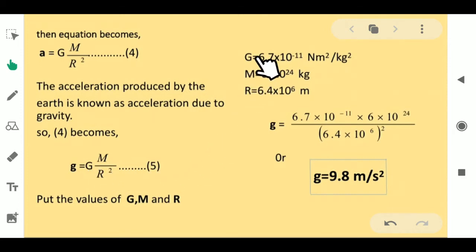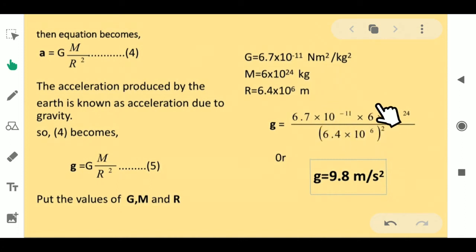Then you will get G is equal to 6.67 into 10 raised to minus 11, which can be written as 6.7 for mathematical calculation: 6.7 into 10 raised to minus 11 newton meter square per kilogram square. Mass of earth M is equal to 6 into 10 raised to 24 kilogram. Radius of earth r is equal to 6.4 into 10 raised to 6 meter. Substituting all these values, g is equal to 6.7 into 10 raised to minus 11 into 6 into 10 raised to 24, whole divided by 6.4 into 10 raised to 6, whole square.